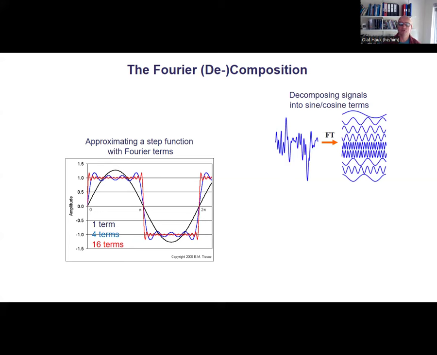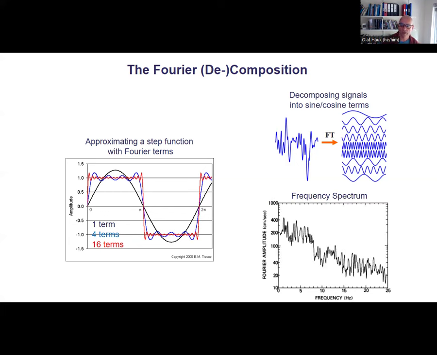This just illustrates it for a slightly more realistic case. So imagine you have your wiggly ERP curves. You will then fit your different sine and cosine basis functions to these data and see how much they contribute. In this case, you actually see every frequency twice. This takes into account also the phase difference. So at every frequency, you can have a sine and a cosine. Then when you have your amplitudes, you plot them for every frequency, and that gives you the frequency spectrum. It's usually called the power spectrum.